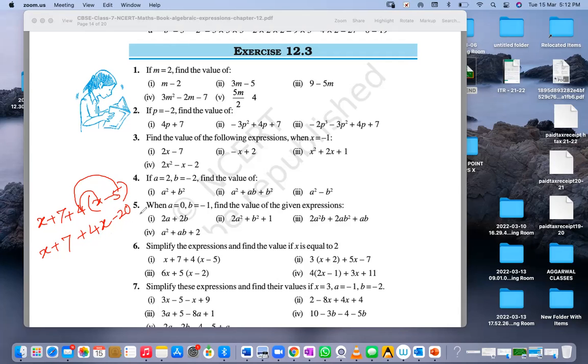Then look for the like terms. x is like 4x, so x plus 4x is 5x. And 7 minus 20 gives minus 13. So on simplification, 5x minus 13 is the answer.